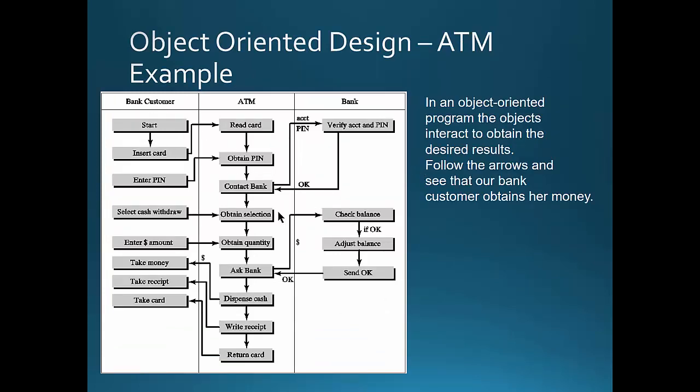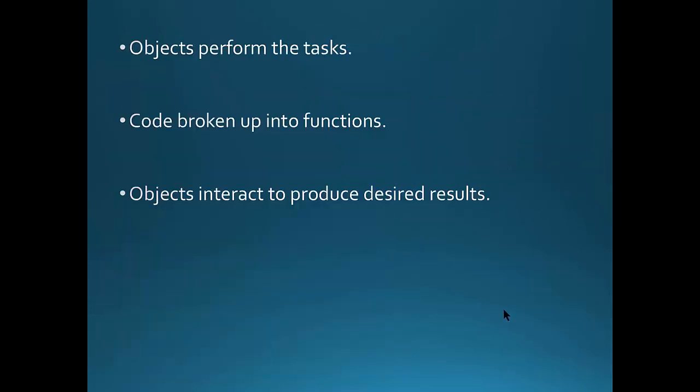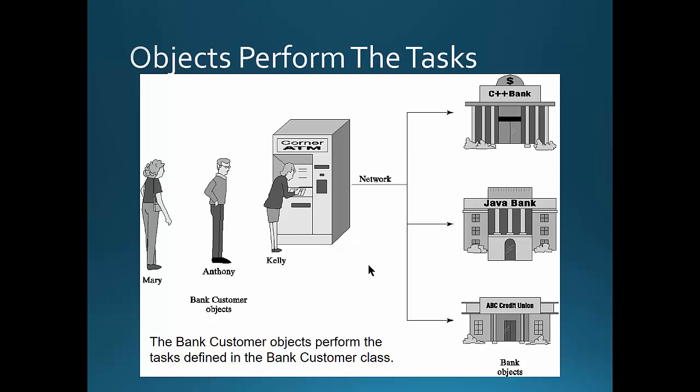And you can see that the transactions flow back and forth between the different classes and objects. So a bank customer will talk to the ATM, and then the ATM will also talk to the bank. And these interactions flow back and forth between the different functions of the classes. So the advantages of designing from an object-oriented perspective are that objects perform the task, code is broken up into functions, and objects interact to produce the desired results.